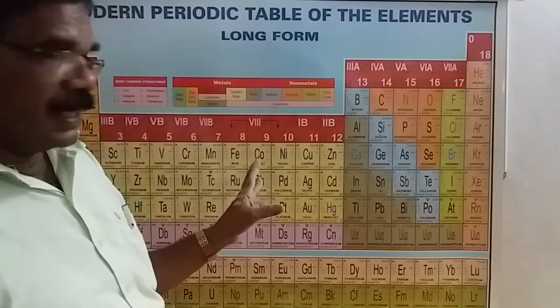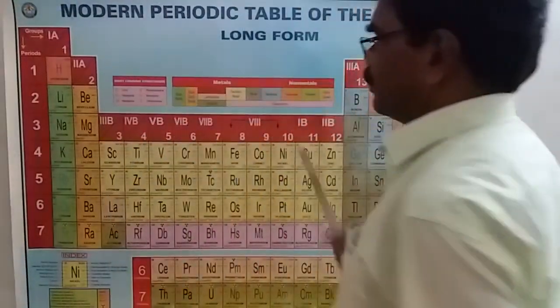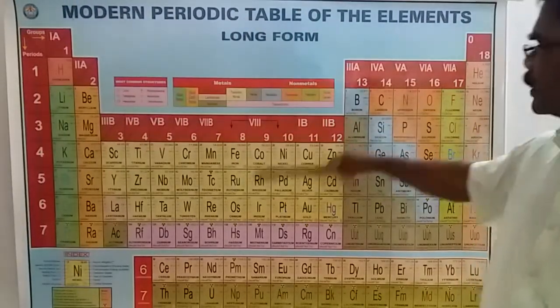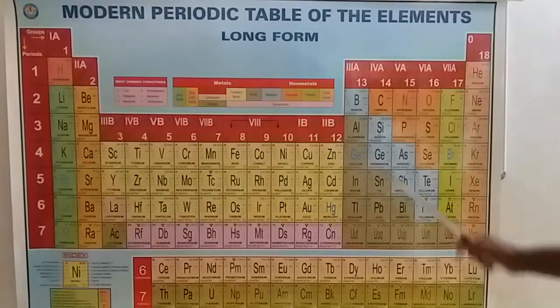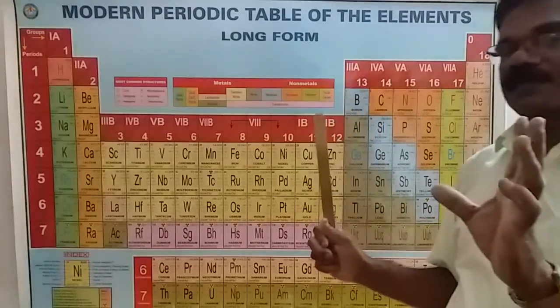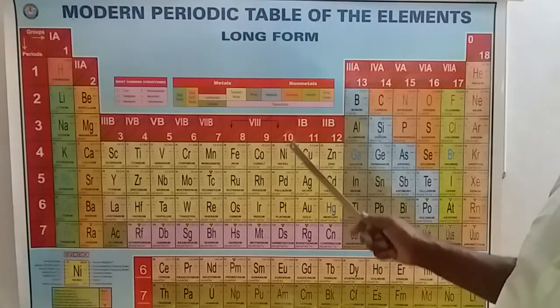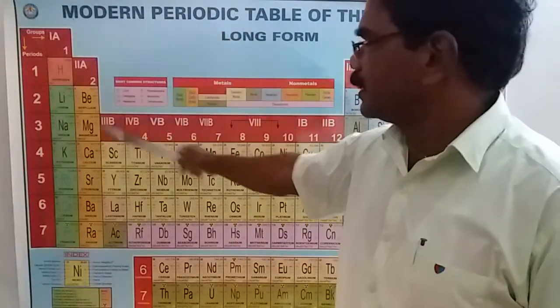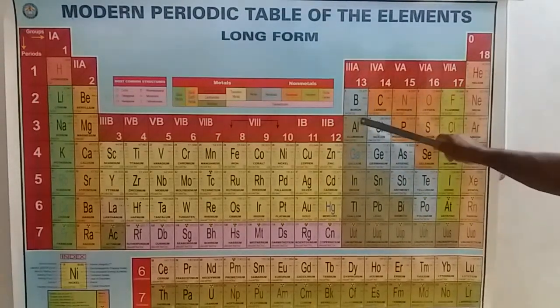Then came the third thing. On seeing the periodic table, there are several colors and several designs. There is a step-like model. In the first class this year, I told you that elements are generally classified into metals, non-metals, and metalloids.